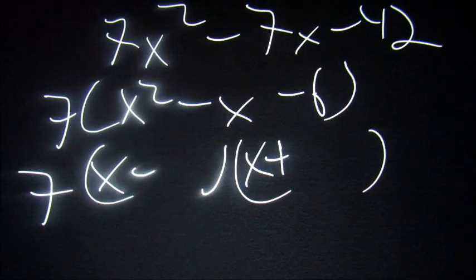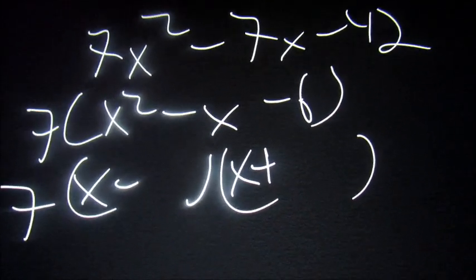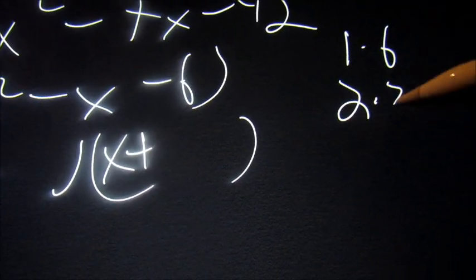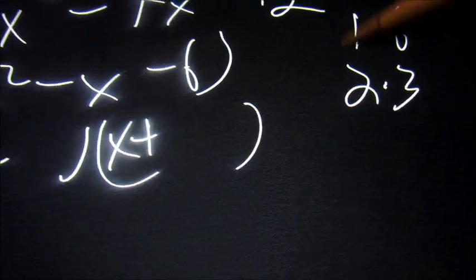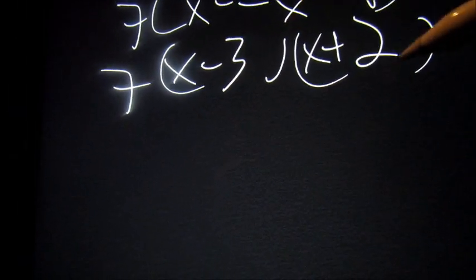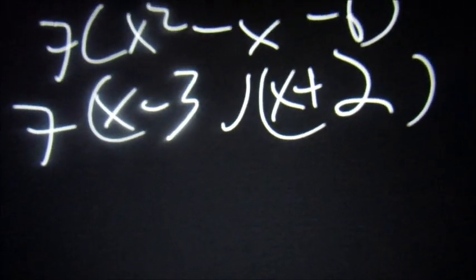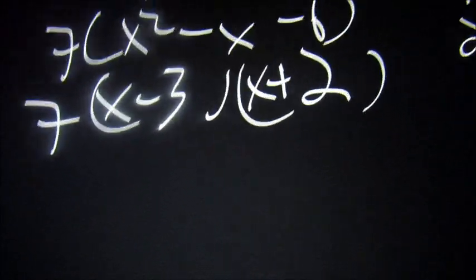My two factors of 6 have to subtract to get to 1. So my choices are 1 and 6, 2 and 3. So I'm going to use the 3 and the 2. So 7 times x minus 3 times x plus 2. Again, make sure you keep that 7 in there.